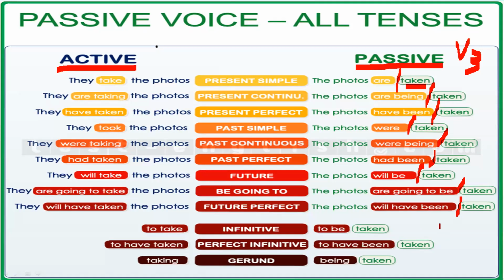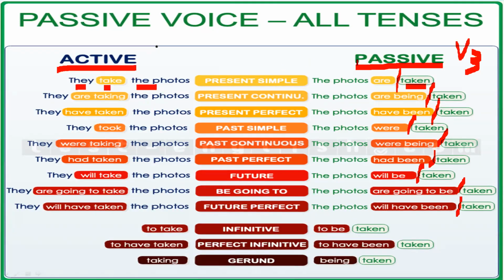What does this mean? For this example, present simple. The active form of the present simple tense for this sentence: they take the photos. They, the subject; take, the main verb; the photos, the object.